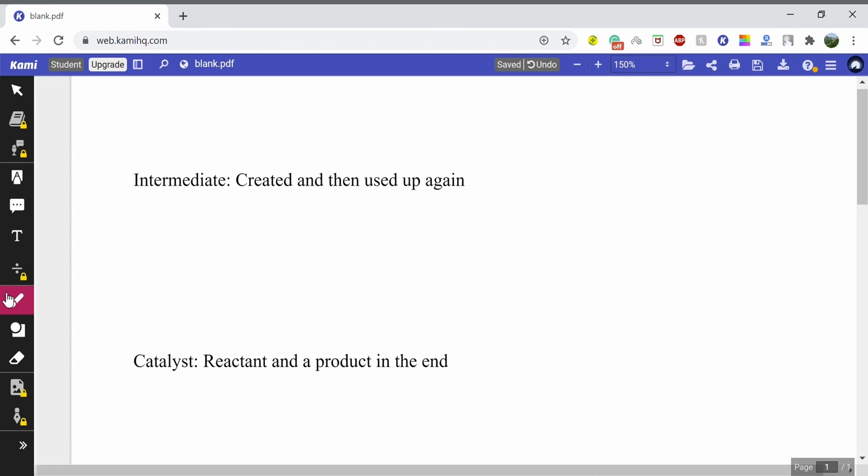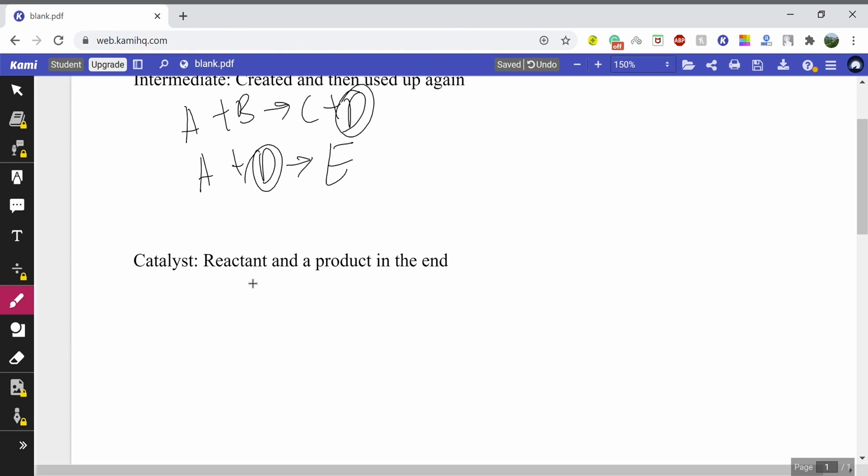I'm going to show an example here. So let's say we have A plus B makes C plus D. And we also have A plus D makes E. In this case, D is created from A plus B and then immediately used up again in the second step to form E. So this is when D is an intermediate. It is created and used up again.